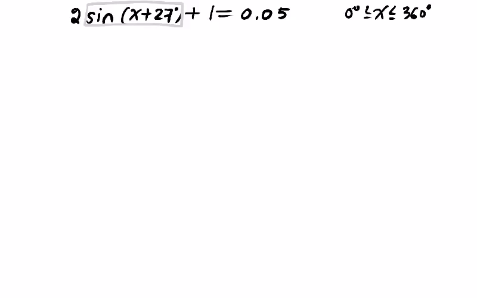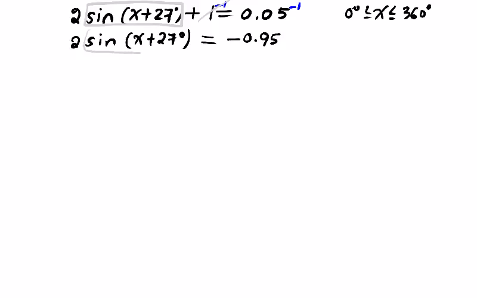So sine of (x plus 27 degrees) must be on its own. First we subtract 1 from both sides of the equation. So we have 2 sine of (x plus 27) equals 0.05 minus 1, which gives us negative 0.95.